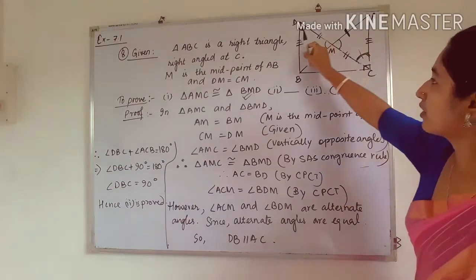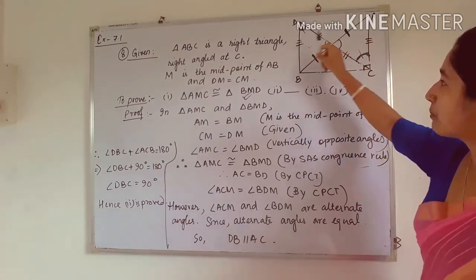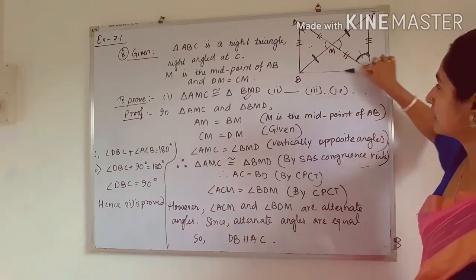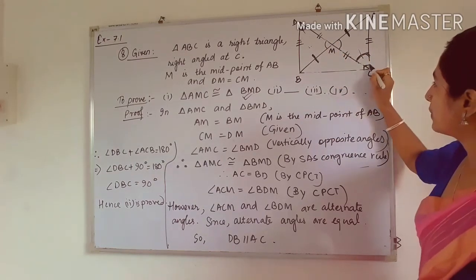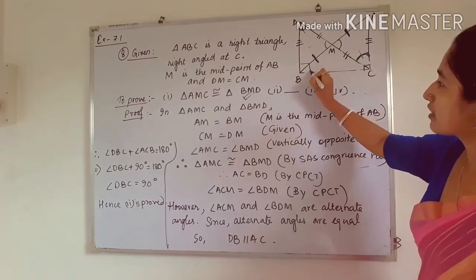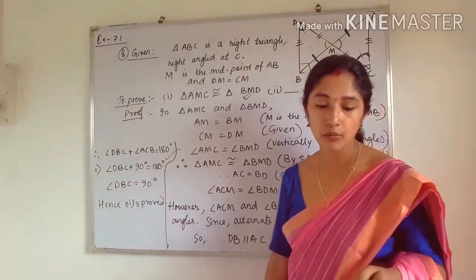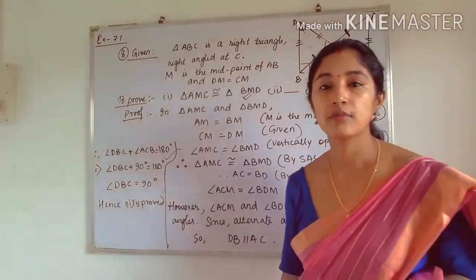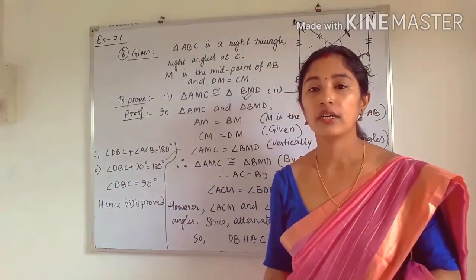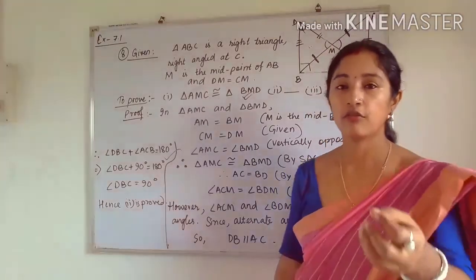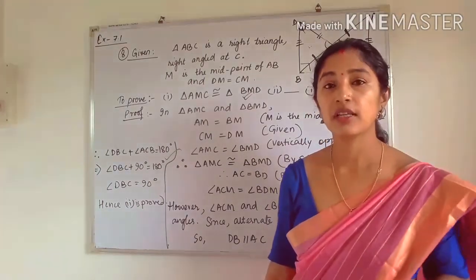If these two lines are parallel, and BC is again the transversal, then this angle and this angle, their summation will be 180 degrees. You know the reason: the sum of interior angles on the same side of the transversal is 180 degrees. That theorem we have learnt in the last chapter, lines and angles.